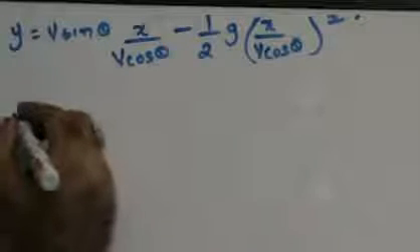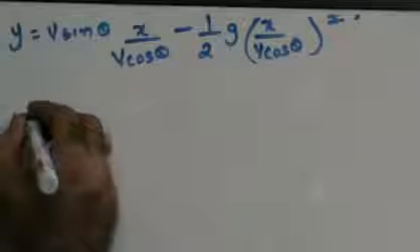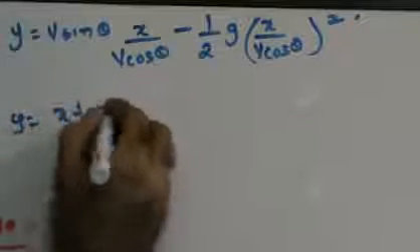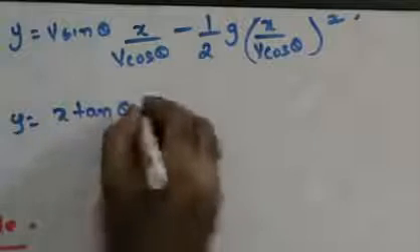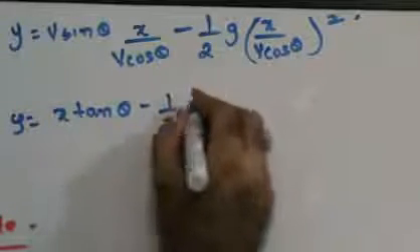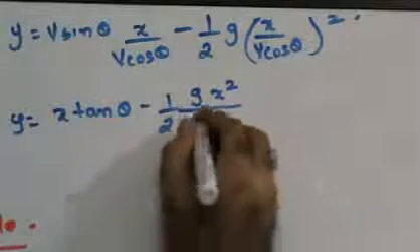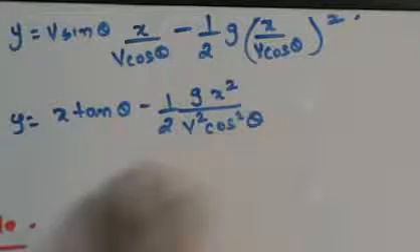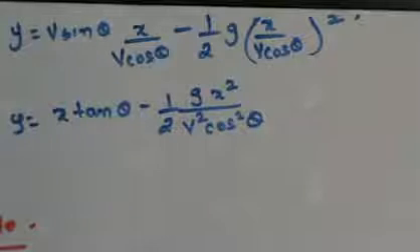V and V get cancelled, so I'll get y is equal to x tan theta, sin theta upon cos theta, minus half g x square upon v square cos square theta. Right?